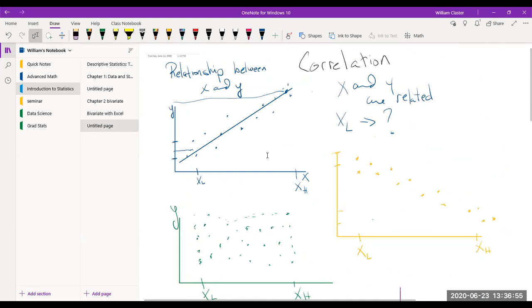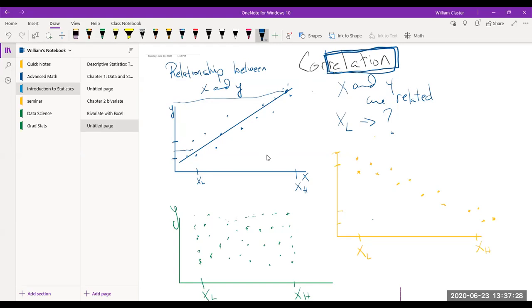The word correlation has the word relation in it, right?